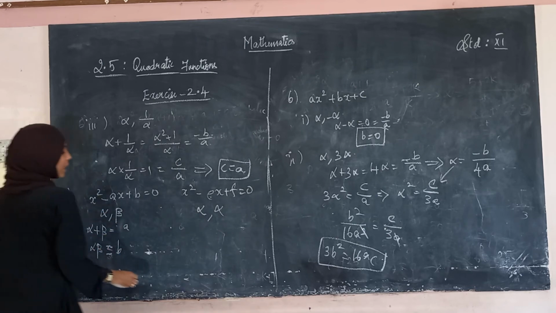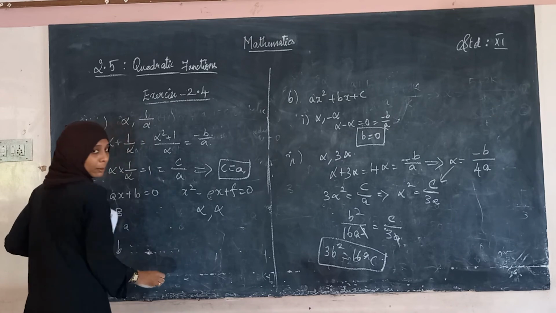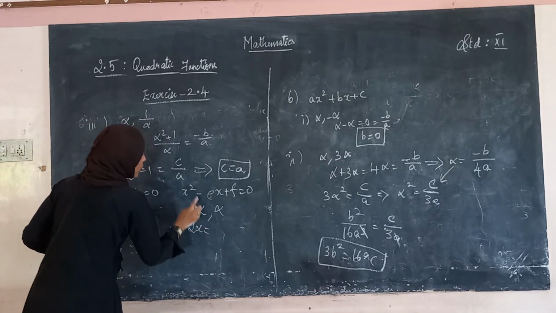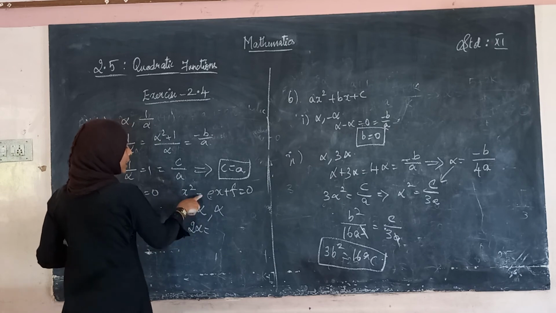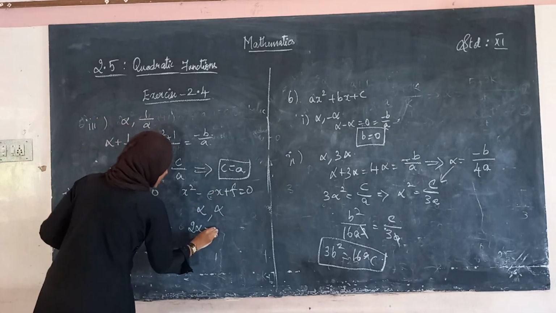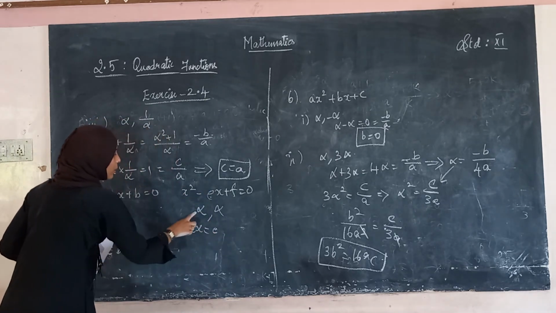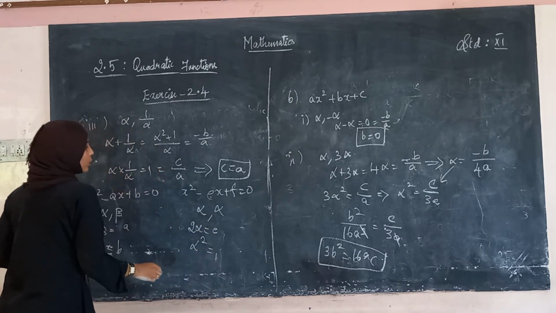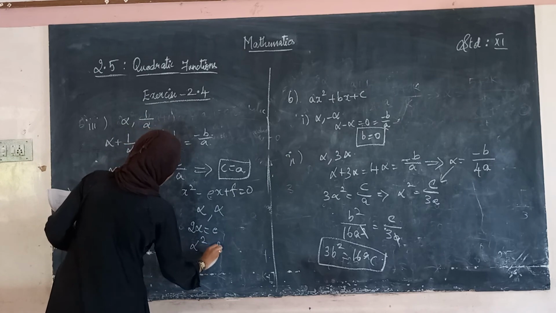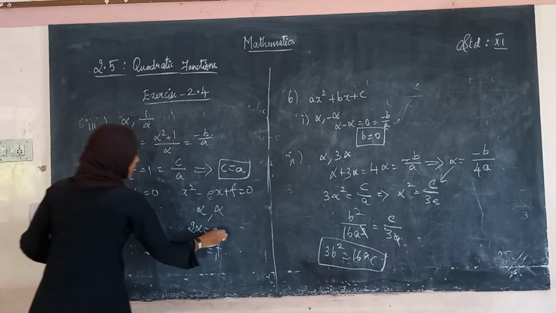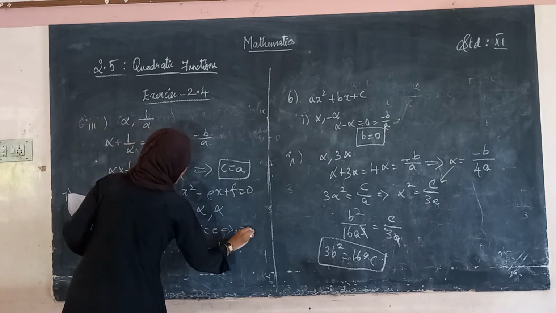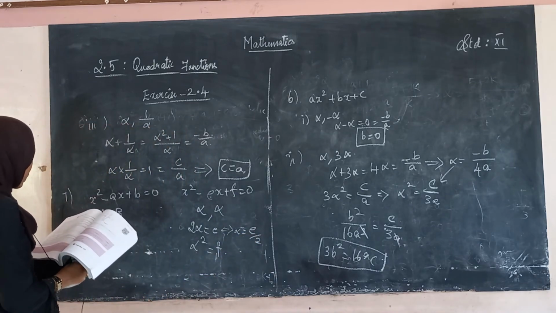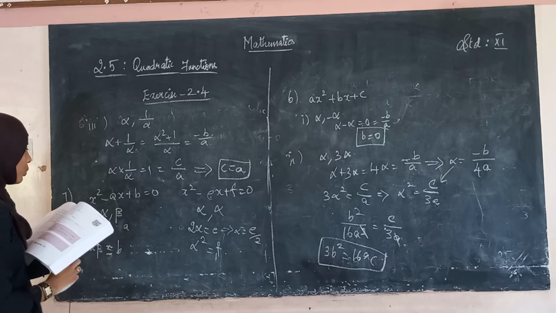For the second equation, the sum of the roots alpha plus alpha is 2 alpha, which is equal to minus of minus e, that is e alone. The product alpha into alpha, alpha square, is equal to f alone. From this, alpha is equal to e divided by 2.